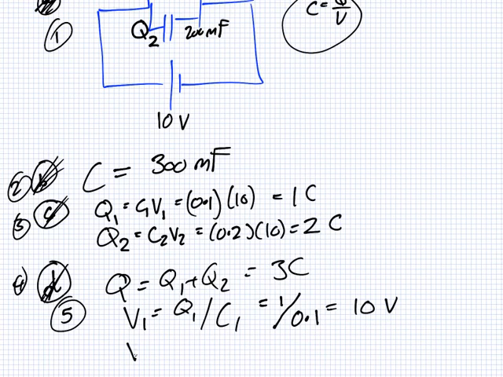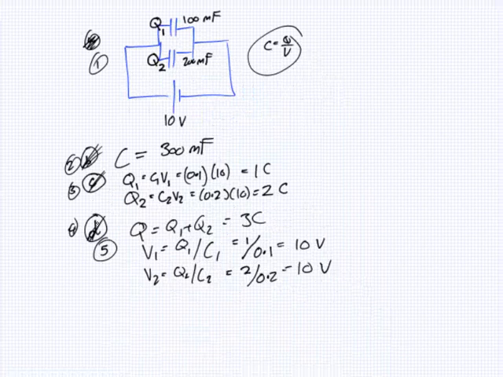And then V2 equals Q2 over C2, which is 2 over 0.2, which is also 10. Okay. Got that okay? What about it? It's ugly, I know. Don't make fun of it.